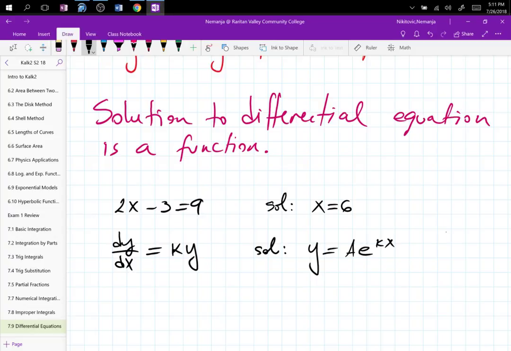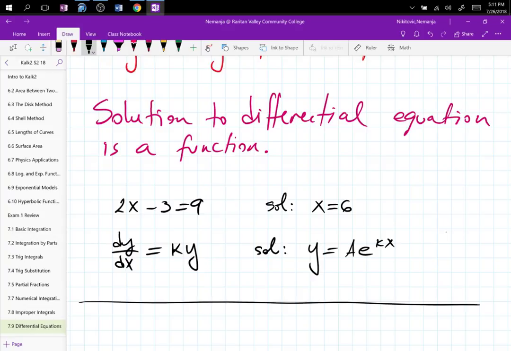Have to have differentiation present. And so the first thing is that you have to have a derivative, and the second thing is that the answer is a function. And then that function can be plugged into the differential equation for you to check that it is a valid solution. Now clearly solving differential equations should be much harder than solving the regular equations, because you have to worry about method.